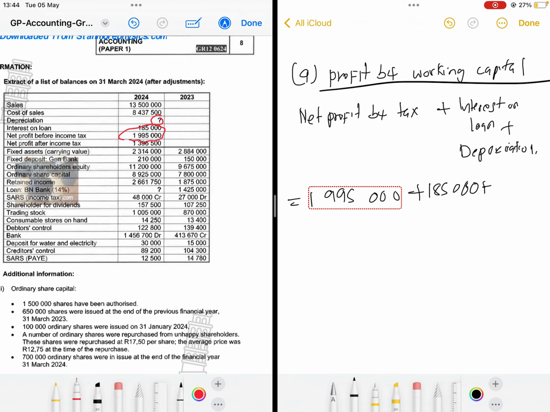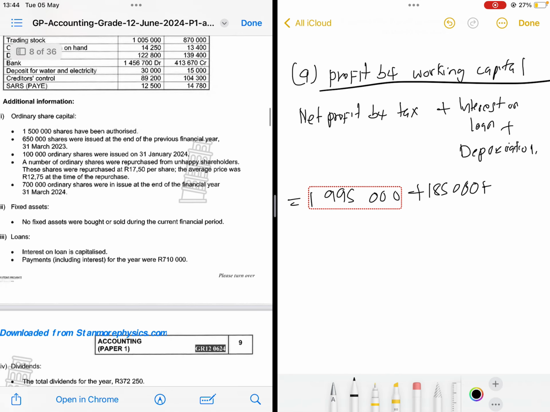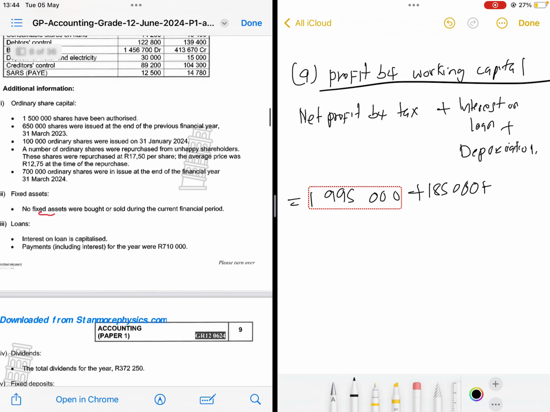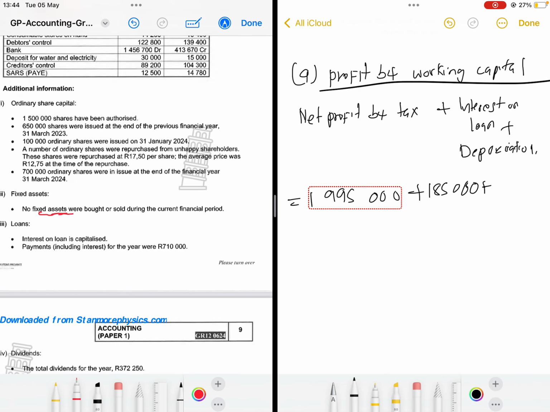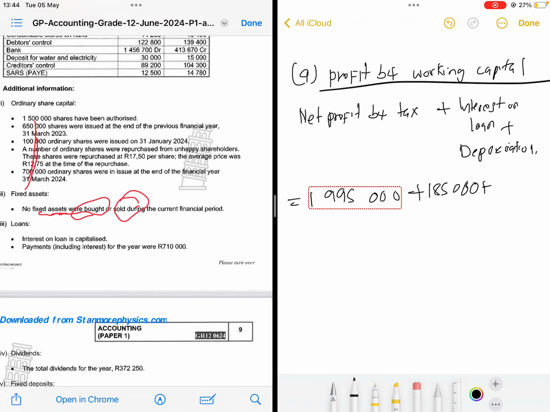Now let's check what is happening. Now no fixed assets were bought or sold. So what does this mean? We don't have the movement, meaning your carrying value at the beginning, and addition is not there, and disposal is not there, but the depreciation is there.